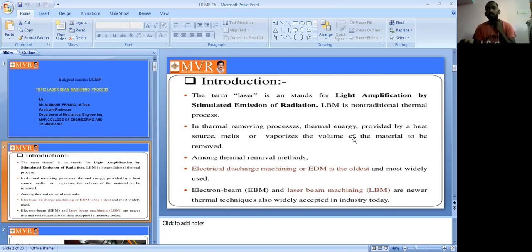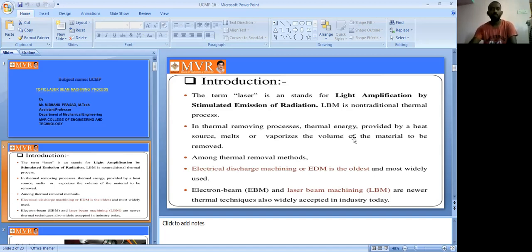Using this thermal source, we can melt or vaporize the volume of the metal to be removed. This process is the laser beam machining process.